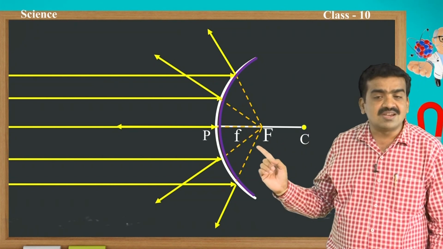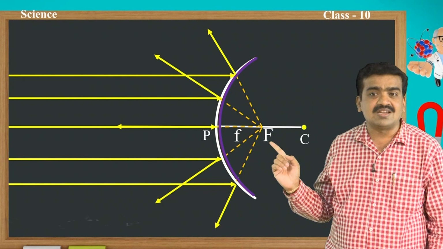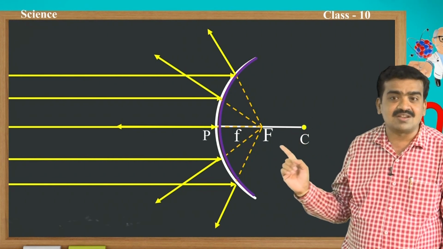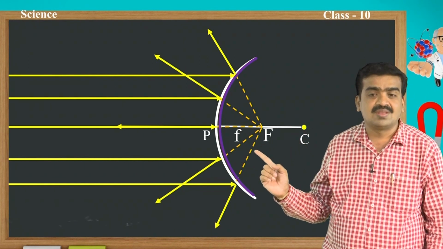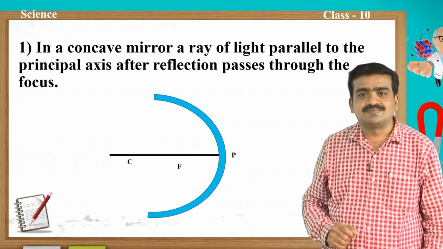If you understand where the principal focus is located, where the center of curvature is located, and the relationship between them, you can understand the ray diagrams easily.